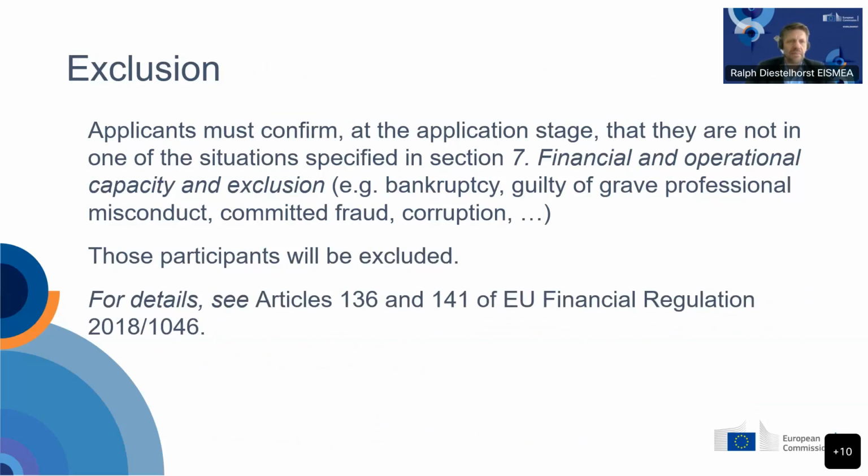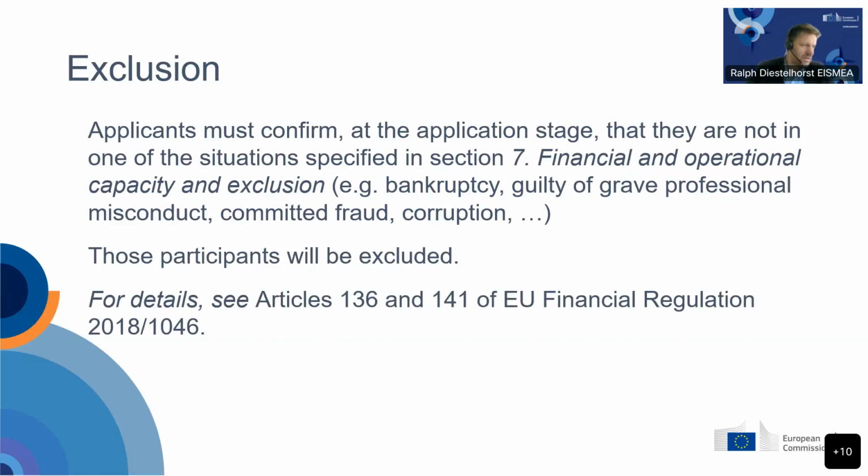The second step here, or the third one, is exclusion. When is an applicant excluded? Well, in general, applicants must confirm when they apply that they are not in one of the situations that are specified in section 7 of the call, called the financial and operational capacity and exclusion.